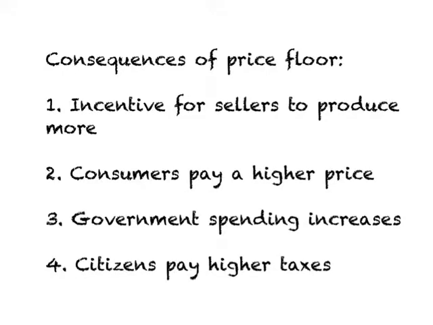So essentially, by setting a minimum support price or a price floor, the government is giving an incentive to sellers to produce more. Is it really a good way to do it? Look at another consequence. When the government sets a price higher than equilibrium, obviously consumers pay a higher price for this product.